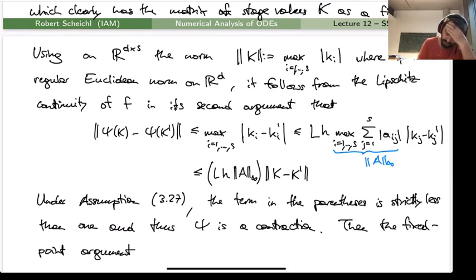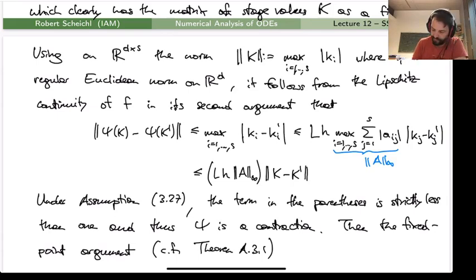That would be theorem A.3.1, which then yields the unique solution.